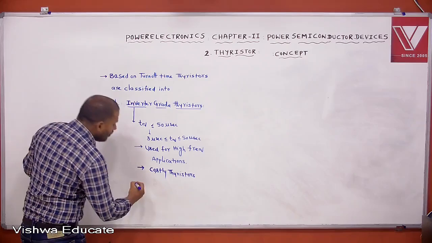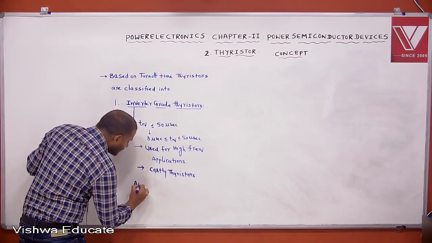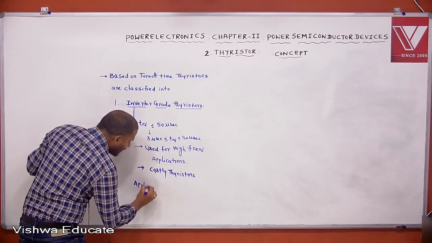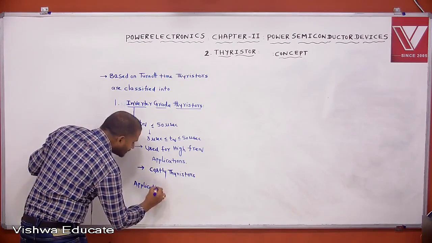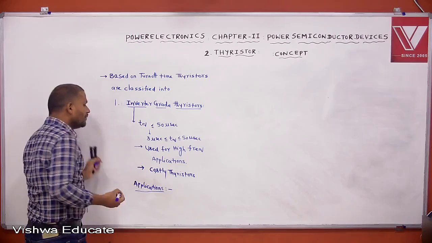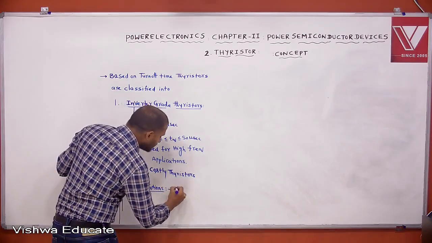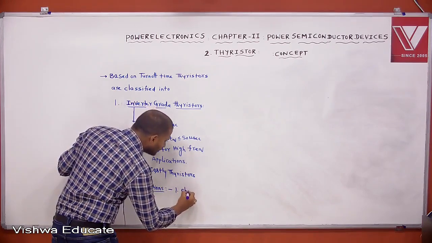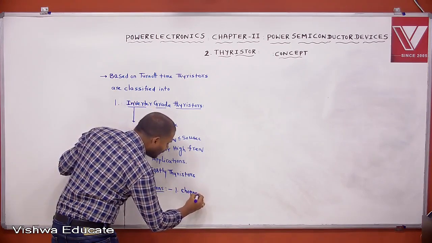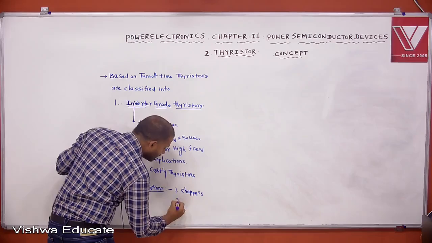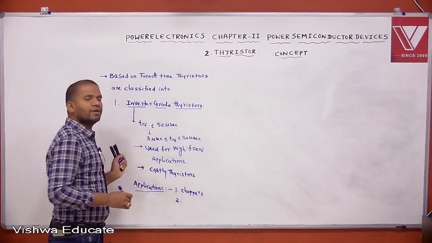Where can you use inverter grade thyristors? What are the applications? One is, these are used in choppers. Wherever high frequency application is required, we can use inverter grade thyristors.